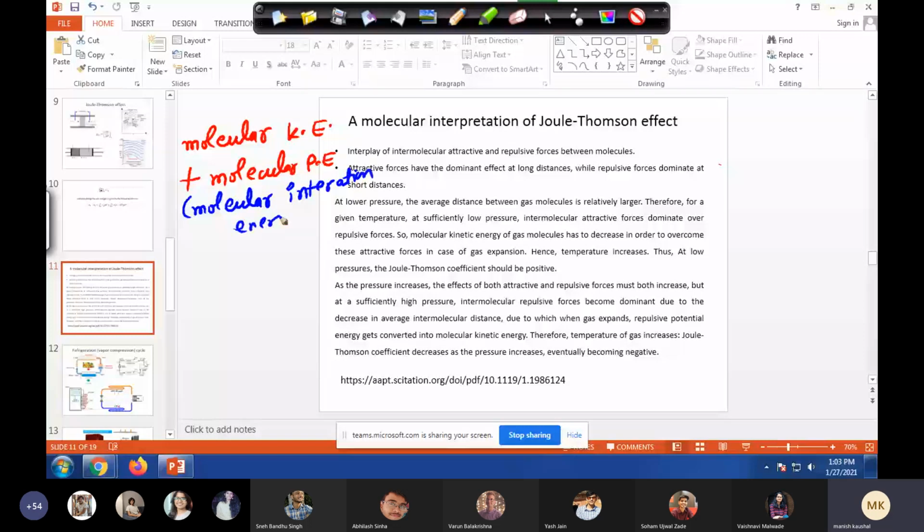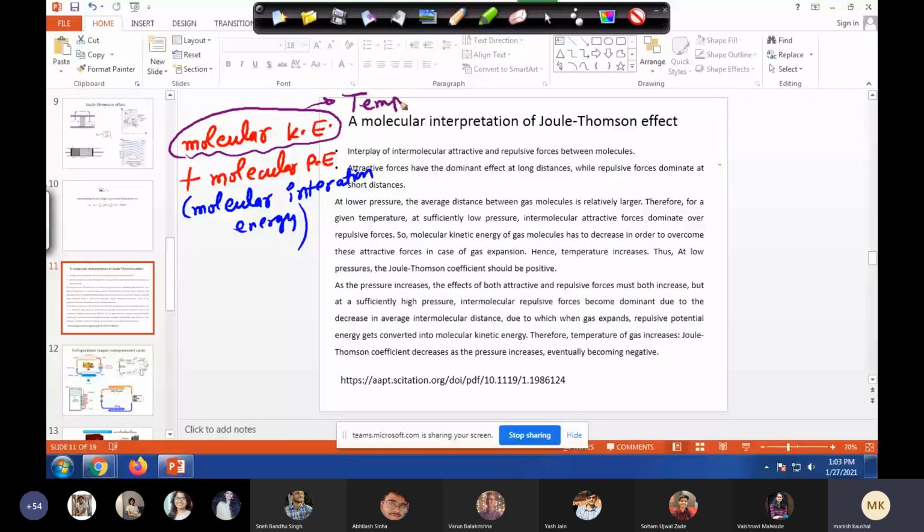Okay, now try to understand what is happening here. Now this molecular KE is a manifestation of what? Temperature. Okay.